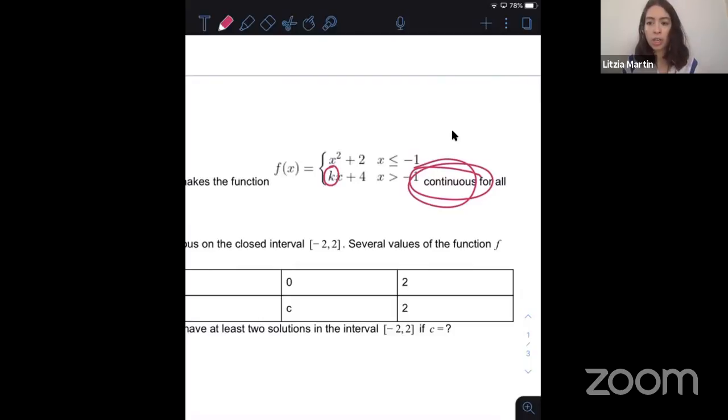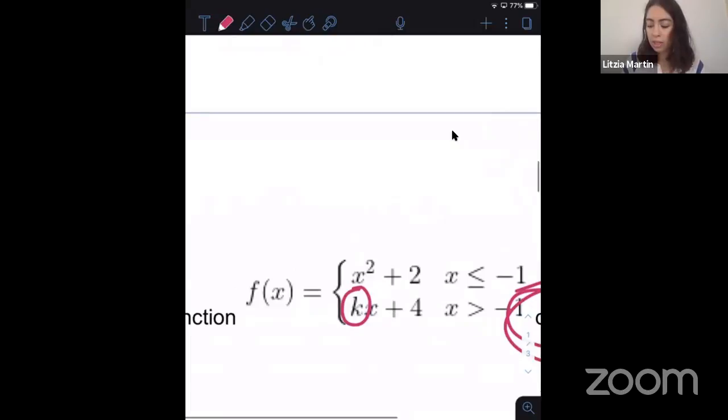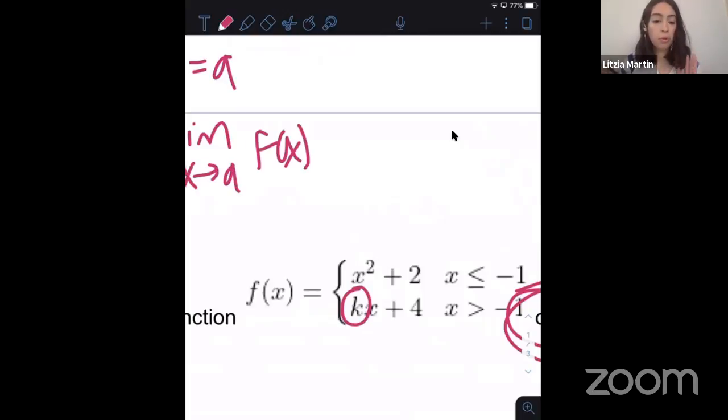There are 3 things that we need to make sure are true. So the first one is the limit. Let's say we're checking continuity at x equal to a: the limit as x approaches a of the function must exist. Remember, that needs to be the first thing that we check.